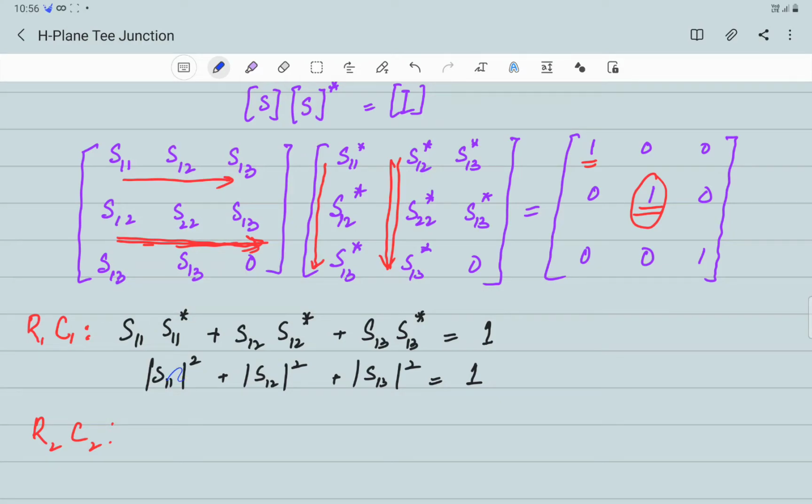So row 2 by column 2 would mean S12 S12 star, which is |S12|^2, plus S22 S22 conjugate, which is |S22|^2, plus S13 S13 conjugate, which is |S13|^2, is 1.